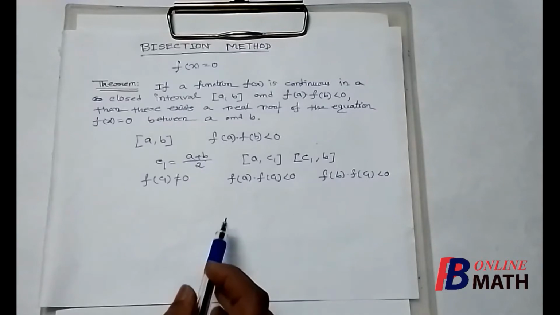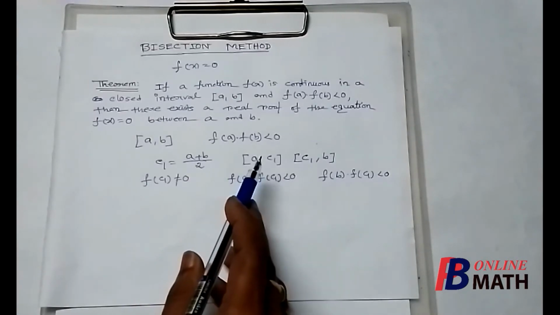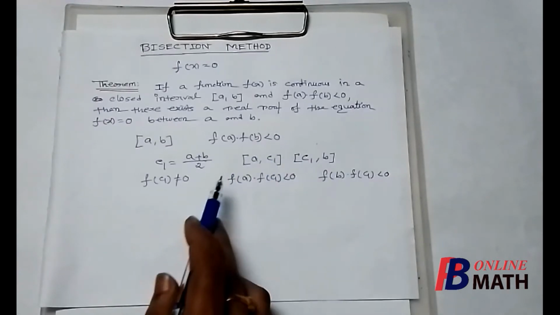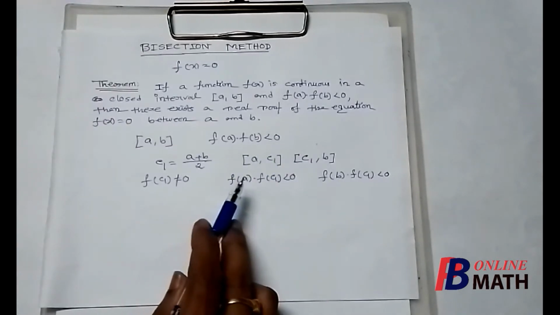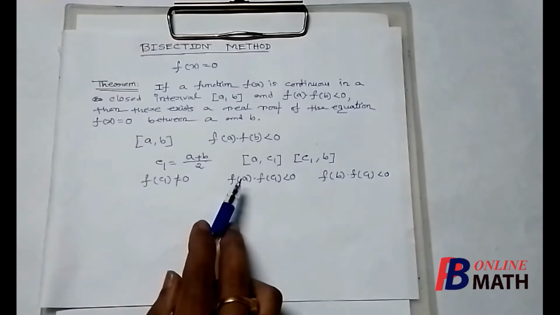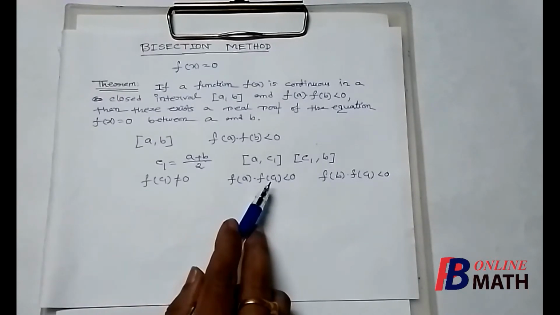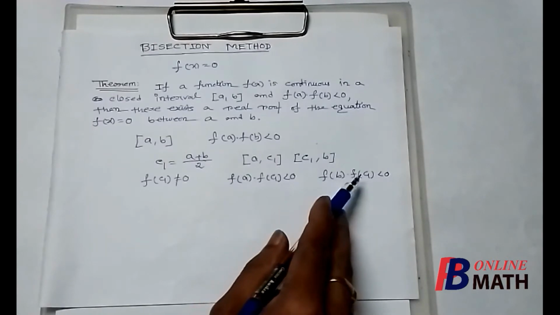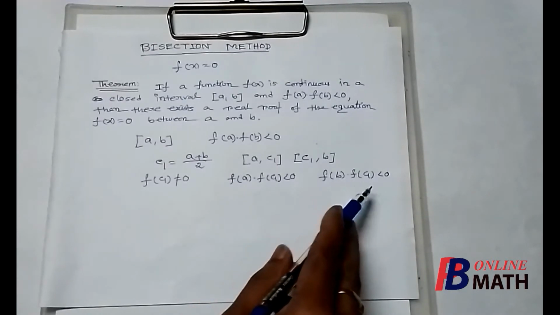As we know that f(a) and f(b) have different signs, so f(a) times f(b) is less than 0.